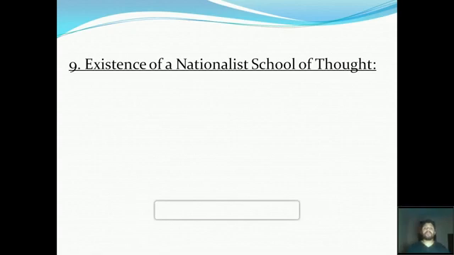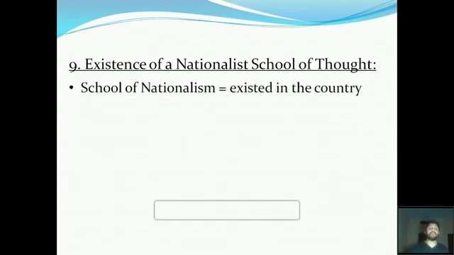Nationalist school of thought doesn't mean something like a normal school where students go and learn. Rather, it is a group of intellectuals who have a very clear vision about the future, and they communicate it to different people, and slowly it will spread.